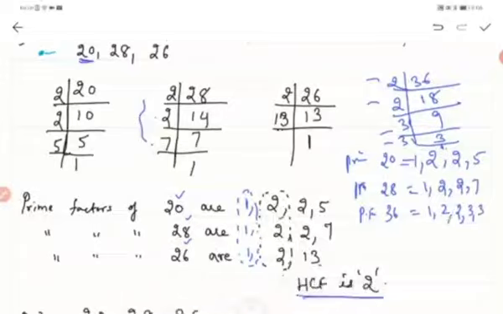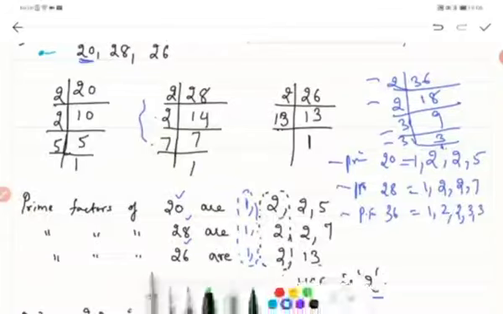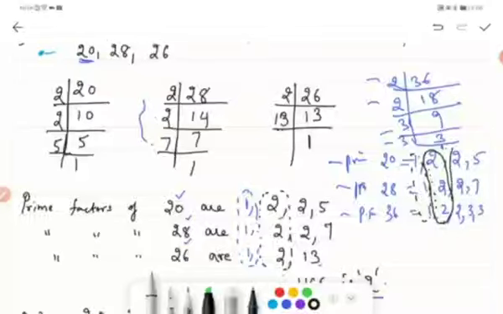Now just check, out of all three numbers, what are the common factors. You have the common factor 1; you can actually avoid it, or it depends on you. If you want, you can write it, because 1 will be common for all. Then 2, and one more time 2 is there.